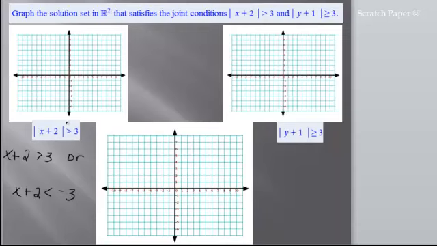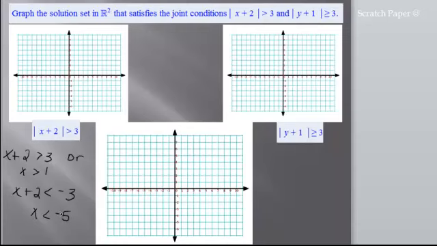So this is how you would set it up. If this is greater than, this is an or. If this had been a less than, then you would make this an and. Okay, solve this one. We would subtract 2 from each side, so you would have x is greater than 1, or subtract 2 from both sides, x is less than negative 5.